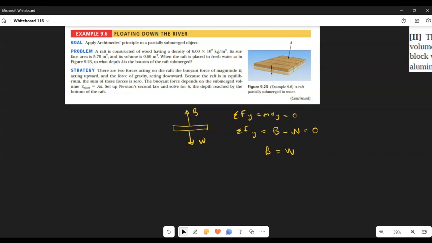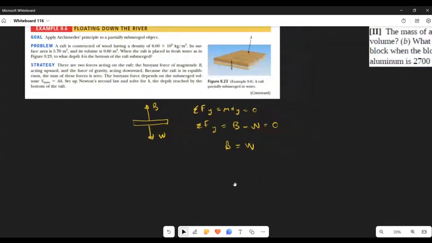I'm not an expert in buoyancy, but one must also be careful. Here, you will solve it as normal, but we know B equals W, so it's rho of the fluid times the volume of the displaced fluid times g, equals rho of the object times the volume of the object times g. Remember, the displaced volume is very important.